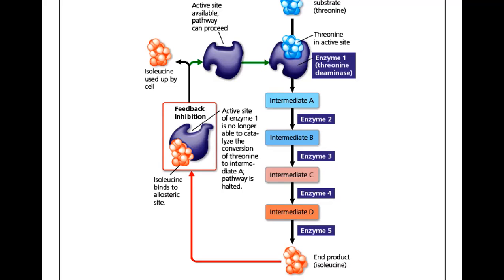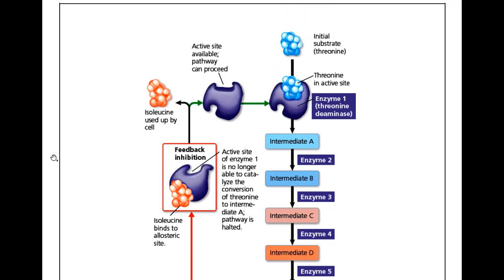After it is used up, another isoleucine production is reasonable. So until isoleucine is used up, the enzyme is inhibited by isoleucine binding to the allosteric site and changing the shape of the active site. Clear? Clear, sir.